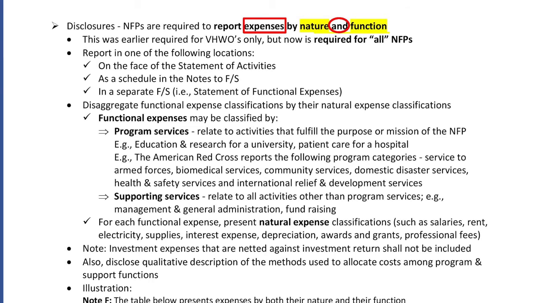Now this disclosure was earlier required for voluntary health and welfare organizations only, but this is now required for all not-for-profits, where the not-for-profit organizations can report these in one of the below locations. So it could be on the face of the statement of activities. It could be as a schedule in notes to the financial statements, or it could also be a separate statement of functional expenses.